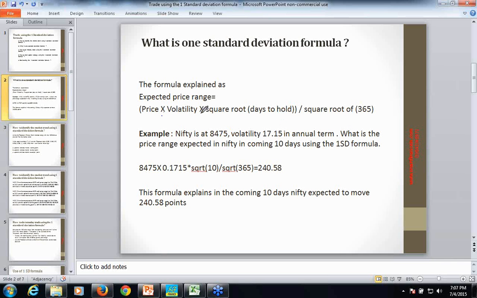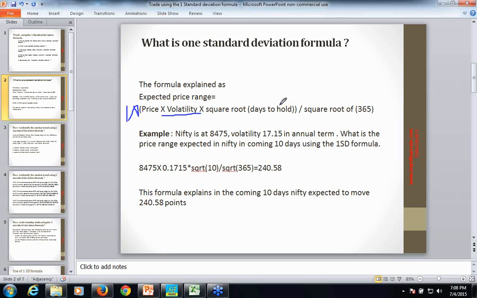But in this particular formula, we are saying that one standard deviation is considered as one, meaning the deviations present in the data are in no way going to affect the data. Based on that, we take the standard deviation as 1. So based on that only, we calculate this expected price range as price multiplied by volatility, multiplied by the square root of the days you need to hold that position, divided by the square root of 365.